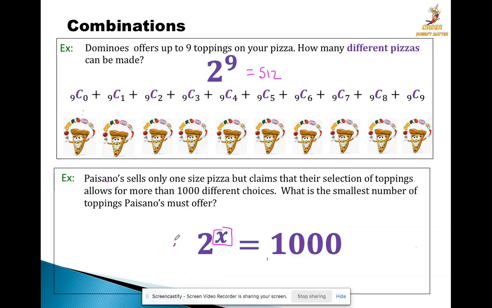So how do I do this? I'm going to log this side. I'm going to log this side. I think I'll do base 10 because the exponent that turns 10 into 1,000 is 3. What is 3 divided by log 2?